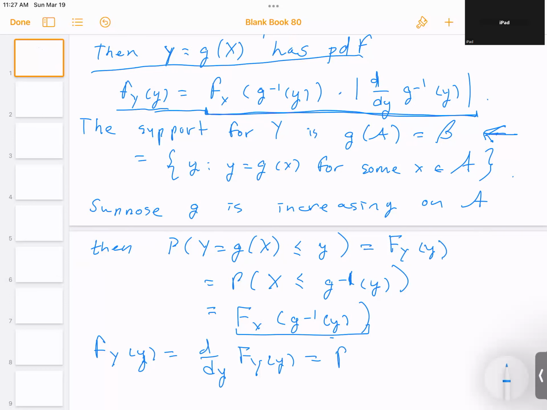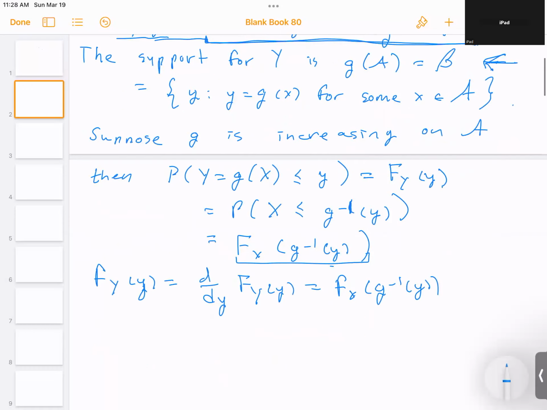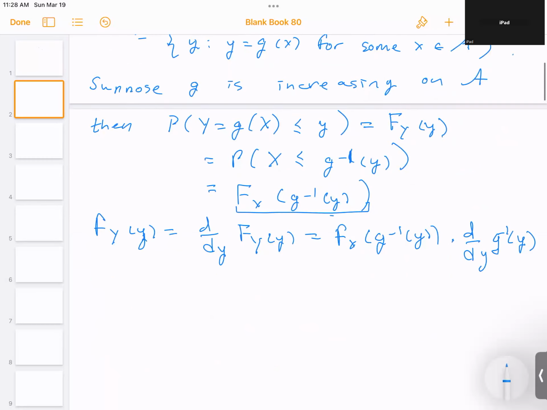So this is just f_X of g inverse of little y, times the derivative of g inverse of little y. One thing to notice here is that f_X, being a PDF, is greater than or equal to 0.